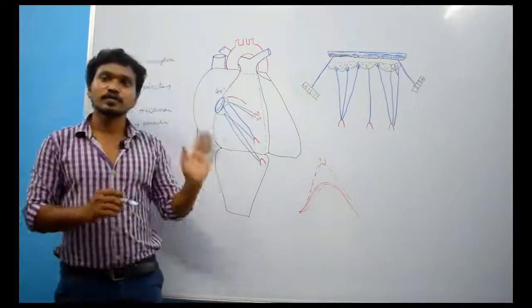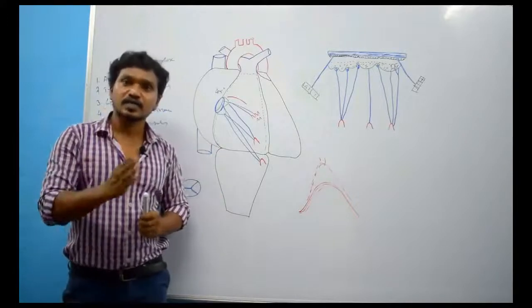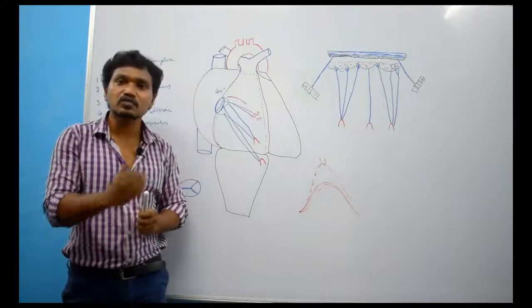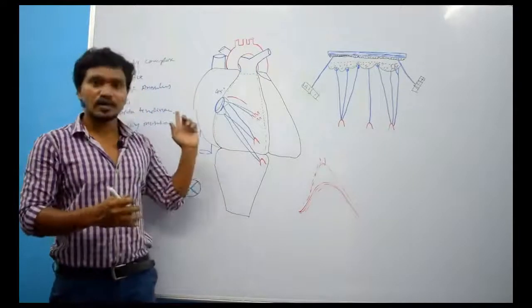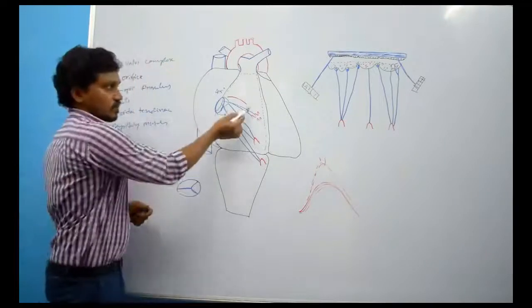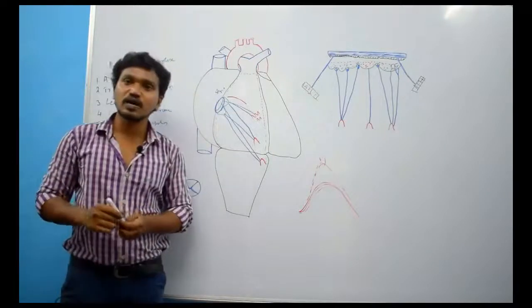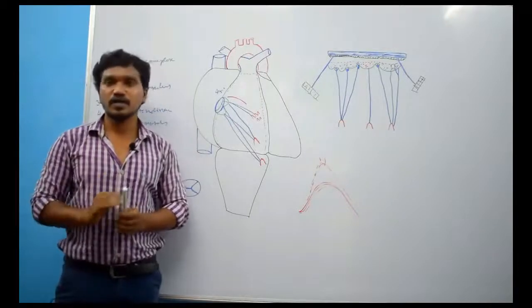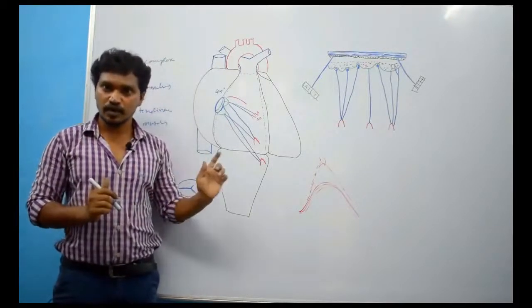First, ridges means linear muscular elevations. The worth mentioning ridge is this one, the supraventricular crest. This supraventricular crest is the embryological remnant of the bulboventricular ridge. Clear?